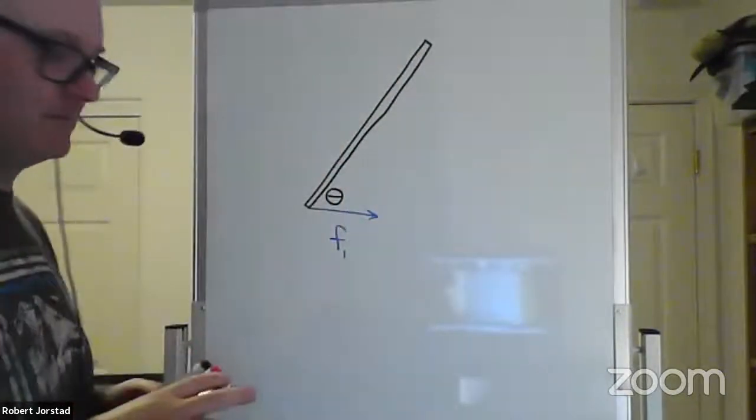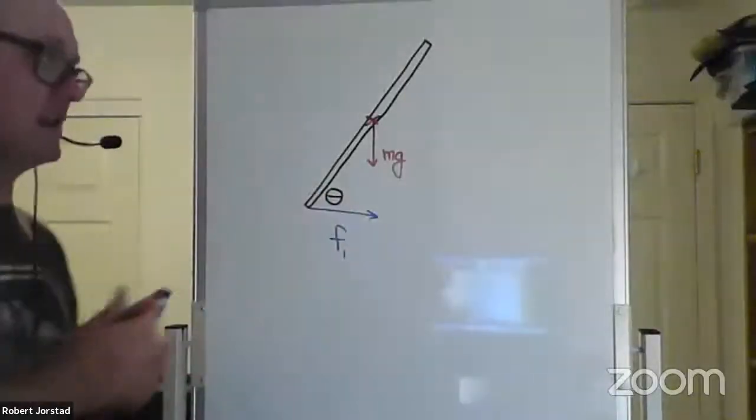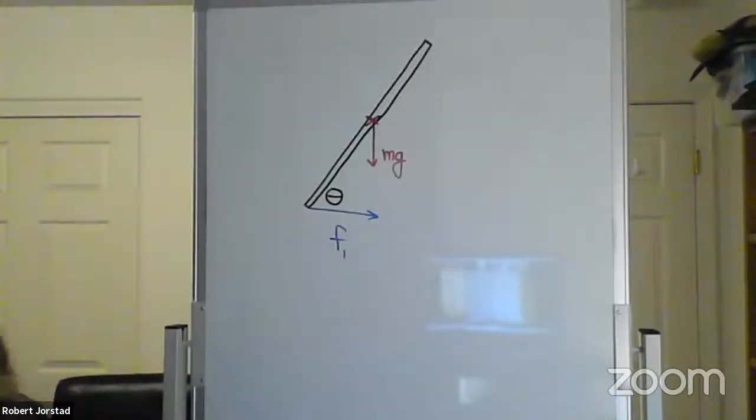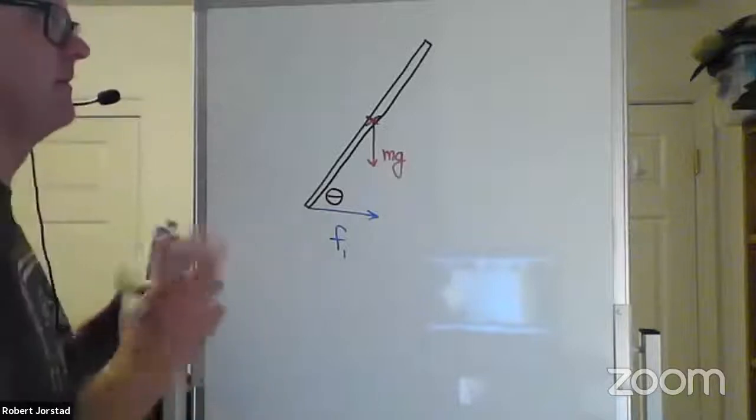What else? The center of mass of the ladder, mg down. Okay. Somebody else. What's another force? Normal force at the top. Which way is the normal force at the top? To the left. Yep.